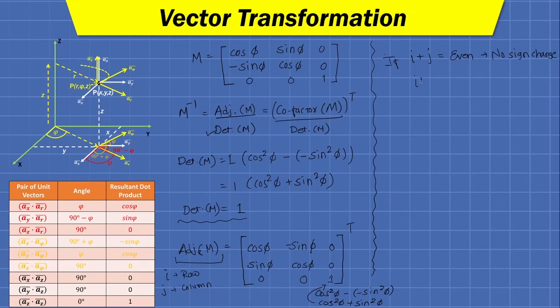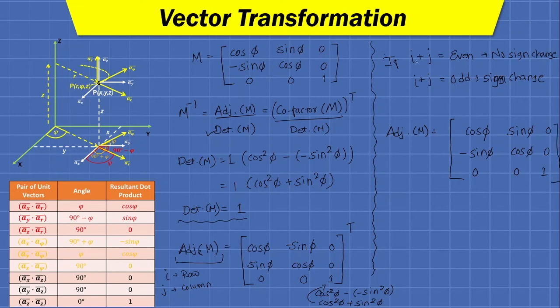But if I plus J gives you an odd number, then the sign will change. So the adjoint of M can now be written as the transpose of this matrix: cos phi, minus sin phi, 0, sin phi, cos phi, 0, 0, 0, 1.